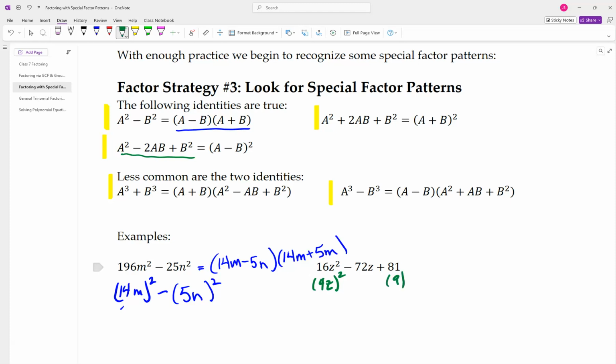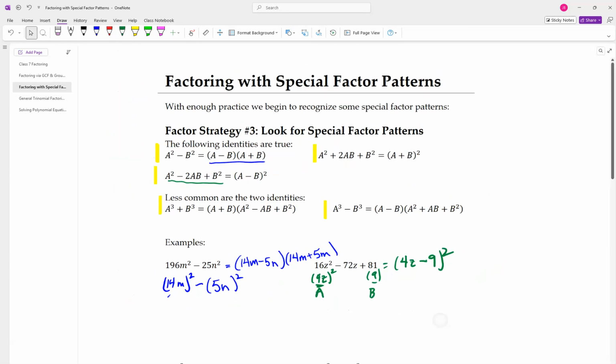If I look at this 72, it'd be 2 times 4z times 9, and 8 times 9 is 72, so that seems to fit. So this would factor as 4z minus 9 all squared. I identified 4z as my a, 9 as my b, and then a minus b all squared.